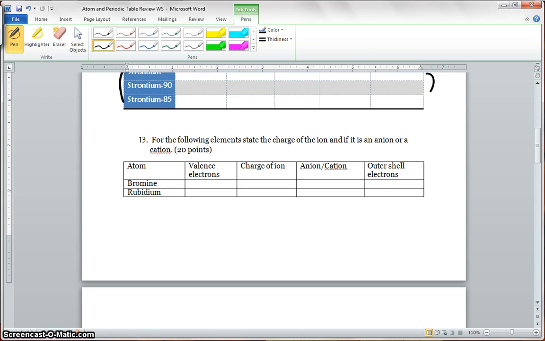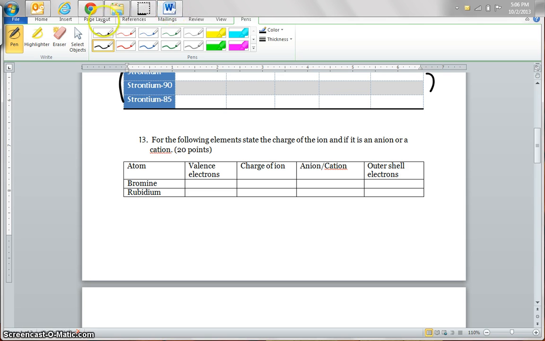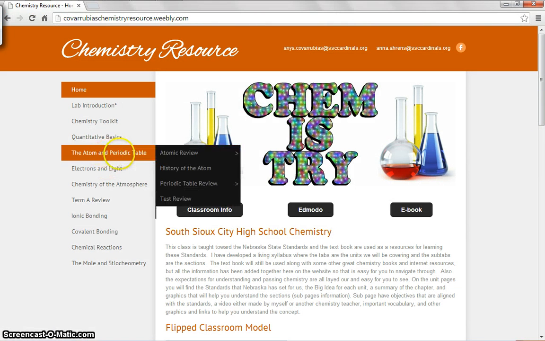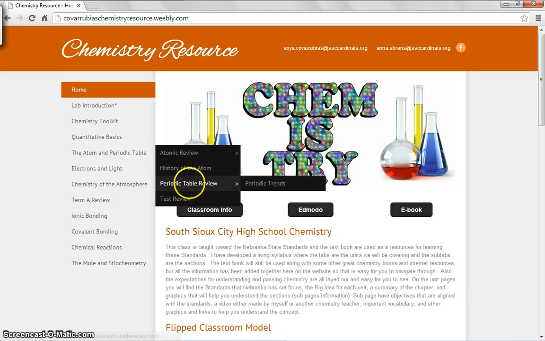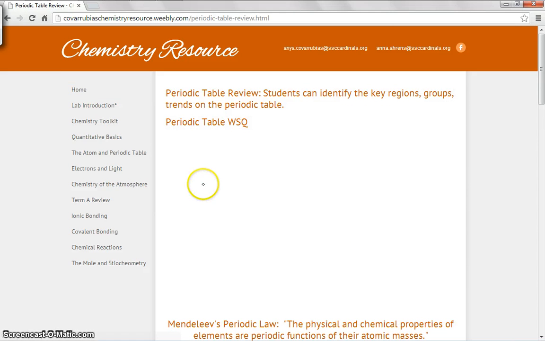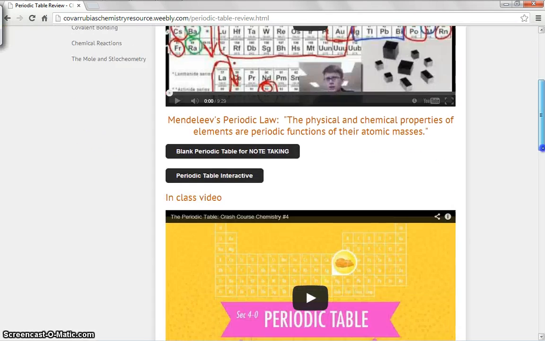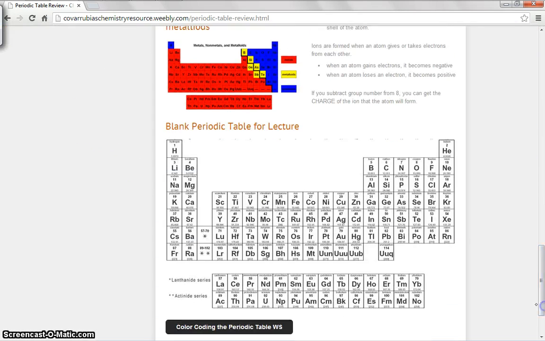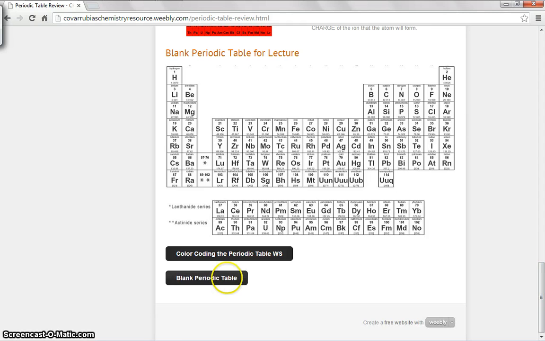The next ones that we're going to talk about is going to be looking at ions and their charges. Okay, so we've got to look at the number of valence electrons. And if you remember, you go to the website here, pull this up, and periodic table review. Okay, right here we have our blank periodic table for a lecture. So I'll pull this one up.